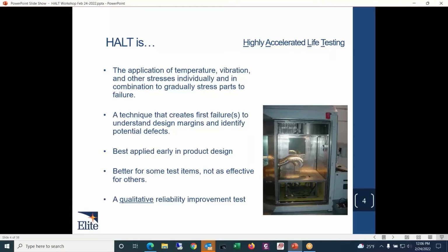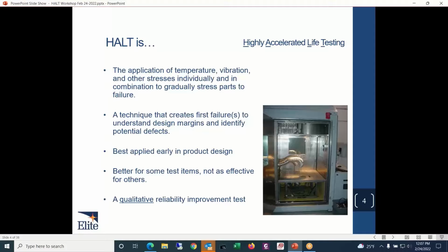And it's in this HALT chamber that we apply temperature, vibration, other stresses like power. We'll cycle power, we'll vary the loads on the device. But we apply those temperature stresses and vibration stresses, either in combination or individually, to eventually get the part to respond, to have some sort of anomaly occur.